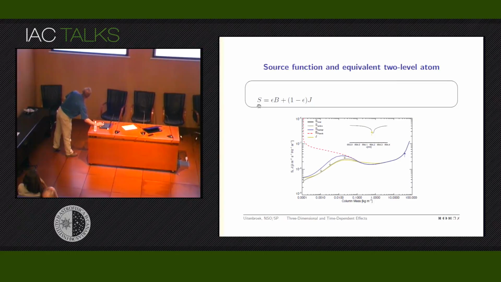You can show that the source function is something like a parameter epsilon times B, the Planck function, plus 1 minus epsilon times J, the mean intensity. And indeed, you see that the source function in this case is almost completely given by J because epsilon is very small.